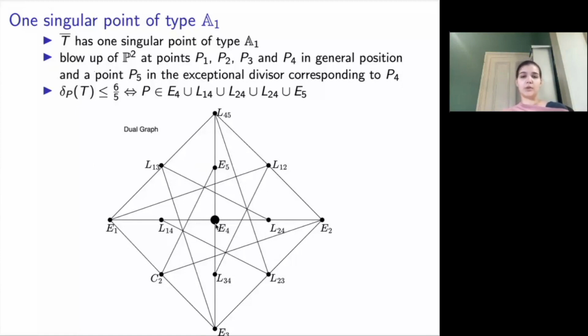Remember that we only need to check the middle curve and the curves around it. I will only show the computations for the middle curve, because usually the worst numbers are for the -2 curves, or if we have several -2 curves, for this central -2 curve.